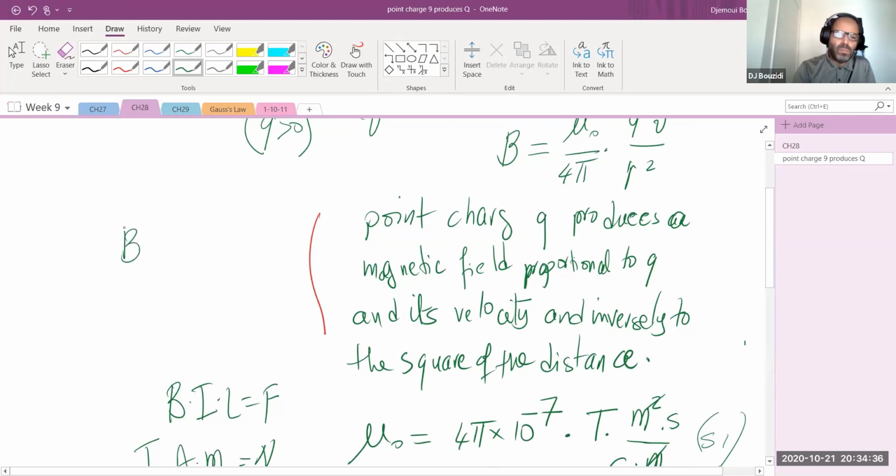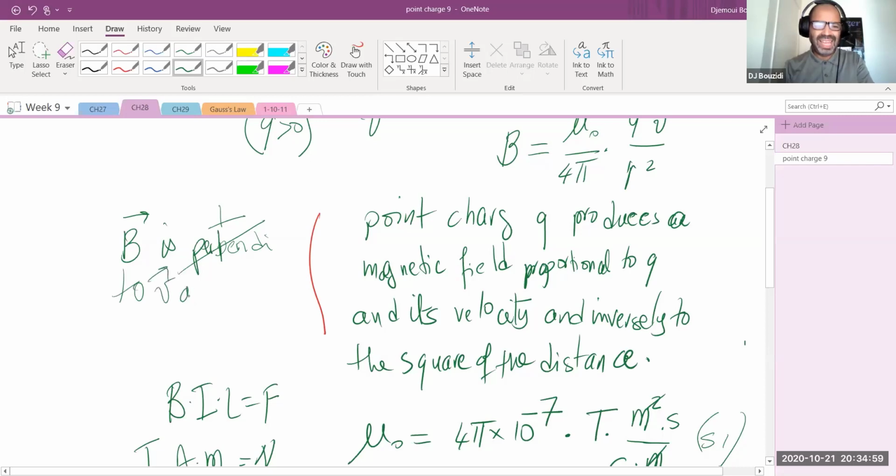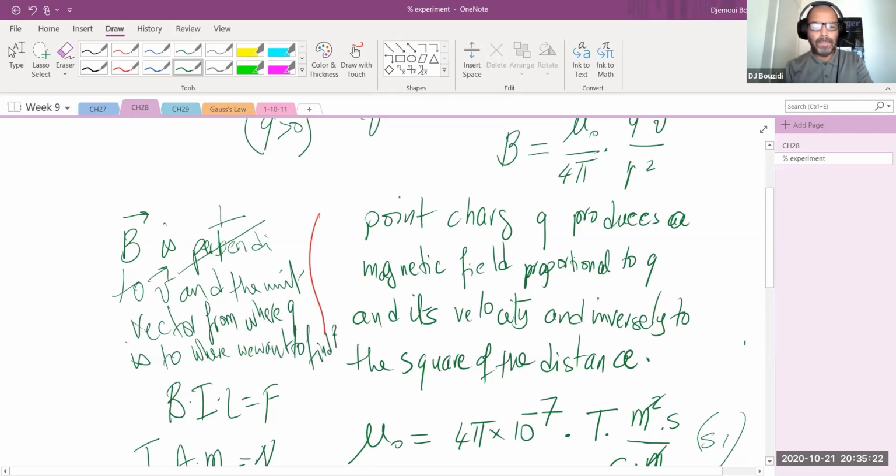B is perpendicular, let me write it much easier, perpendicular to v and the unit vector from where q is to where we want to find B. Direction usually is a nasty part of the whole problem. So that is basically how this expression looks.